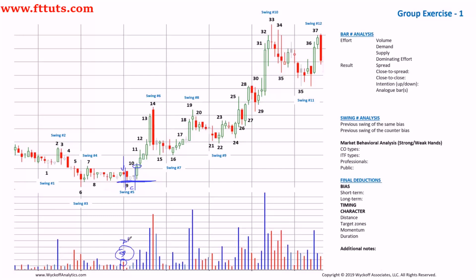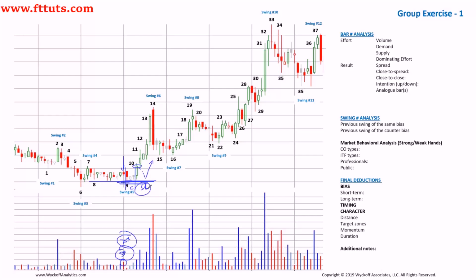So some demand came in here as well, because we see how in the next bar there is no progression below the support. So there is some buying on these two bars, and a stop loss below it would be a logical place to expect that if the price comes back, there's going to be some kind of support and buying again. So that's the whole logic behind the stop loss.